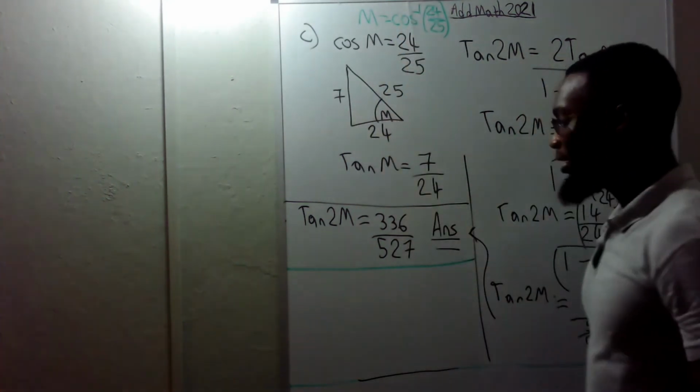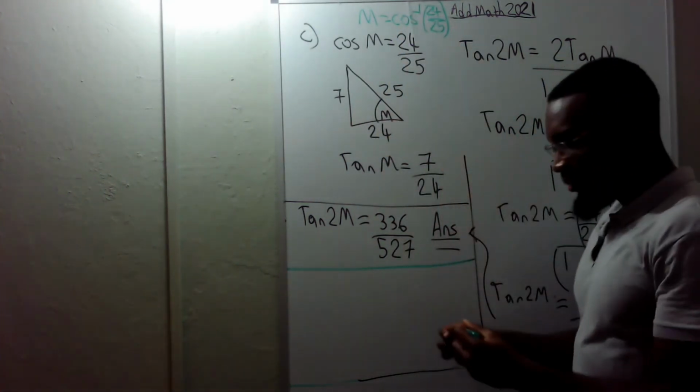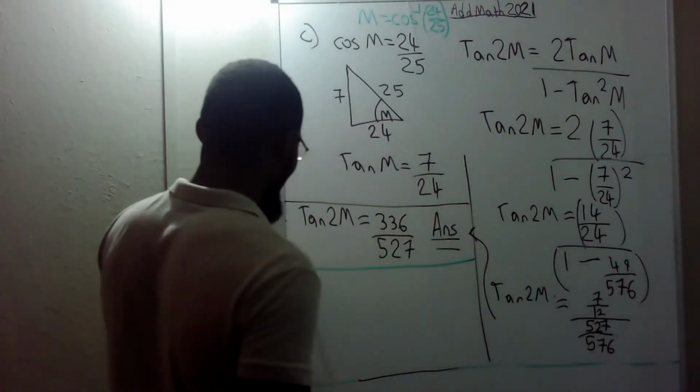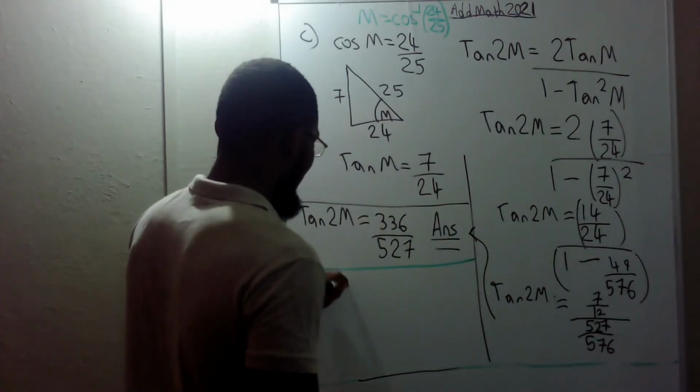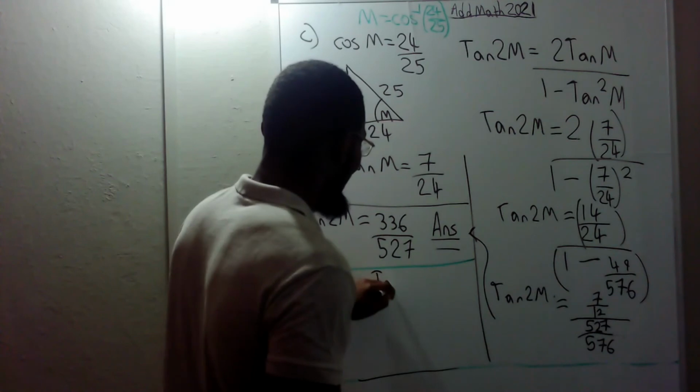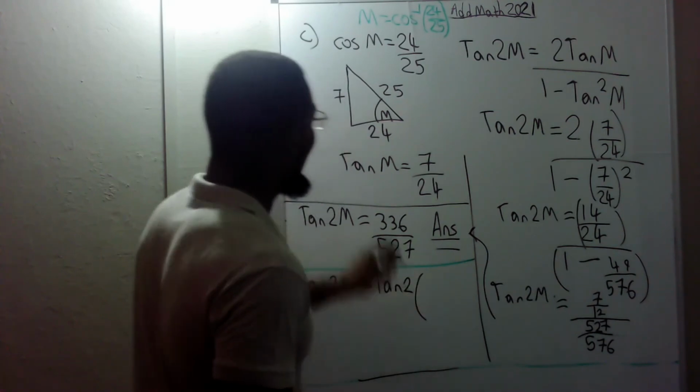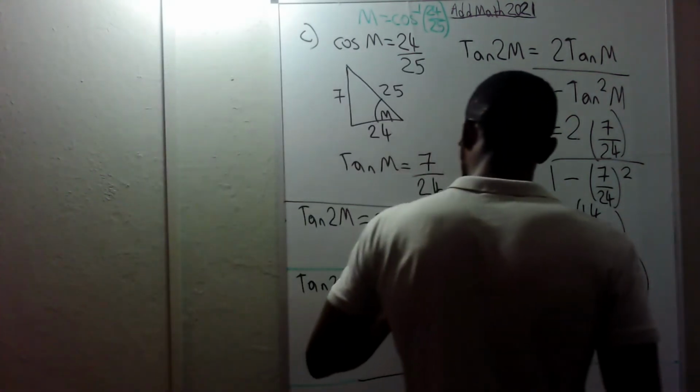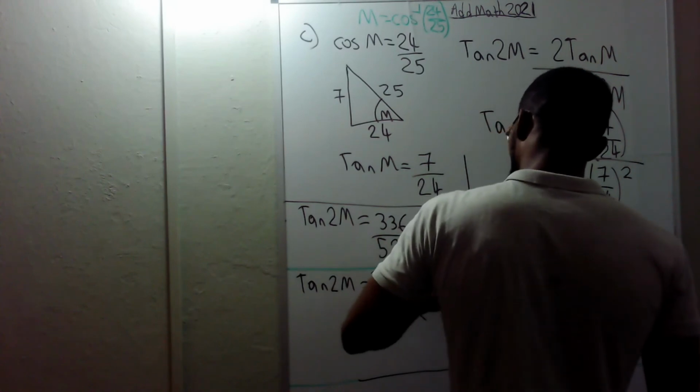Then tan 2m is equal to the tan of 2 times m, where m is cos inverse of 24 over 25.